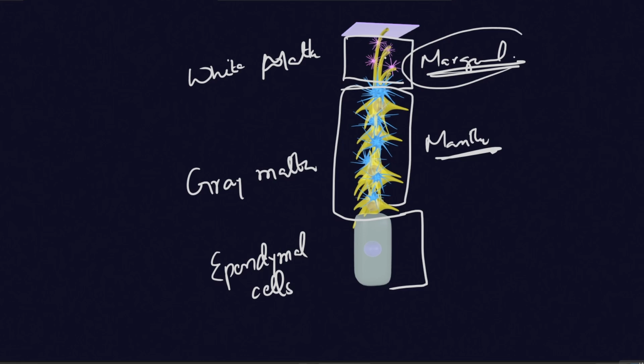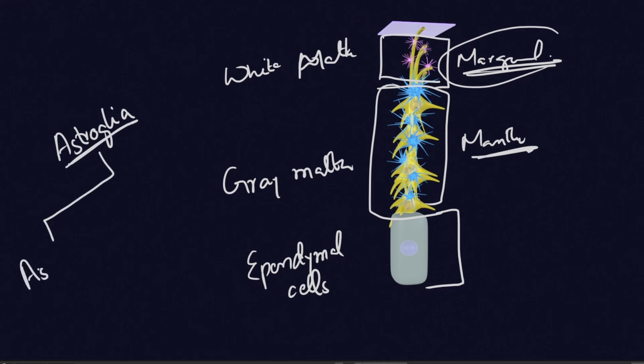Oh yeah, I remember another important fact. These radial glial cells are also members of the astrocyte family. They are basically cousins of astrocytes. So we can actually say that we have the astroglia family, and astroglia consist of astrocytes and the radial glial cells, which are also a type of astroglia.